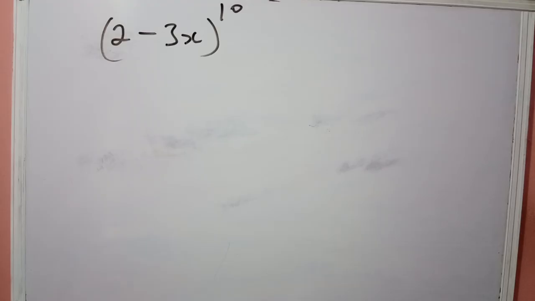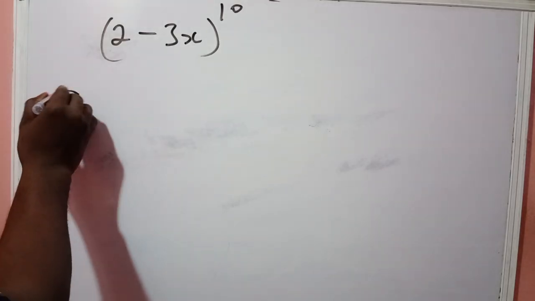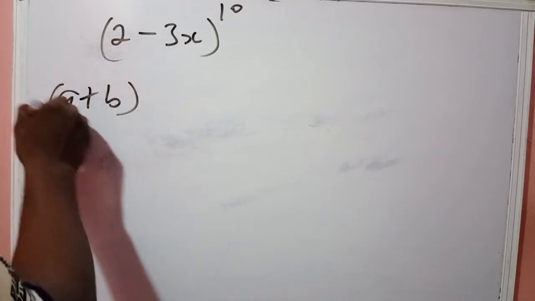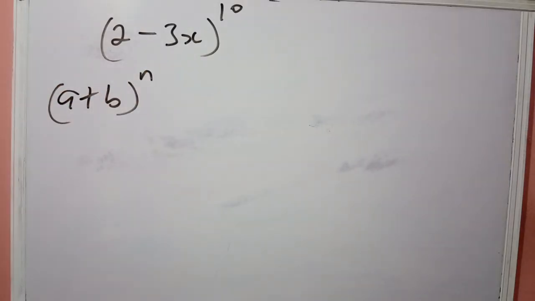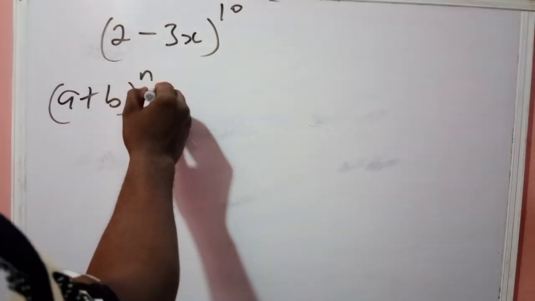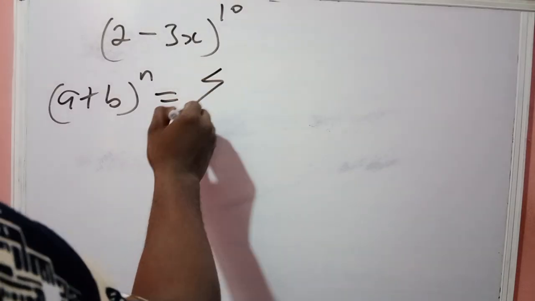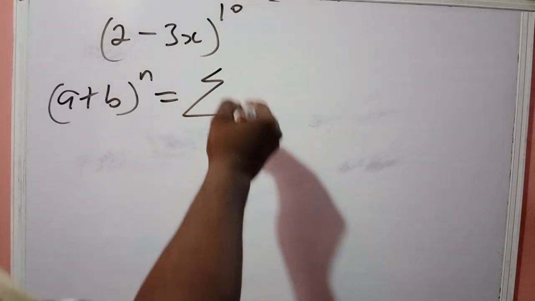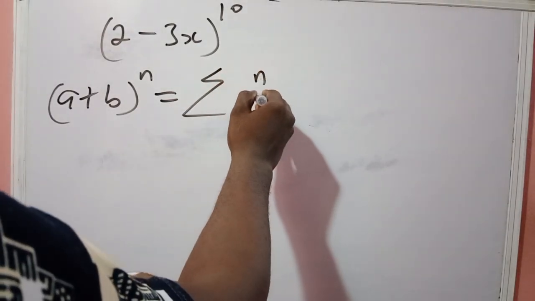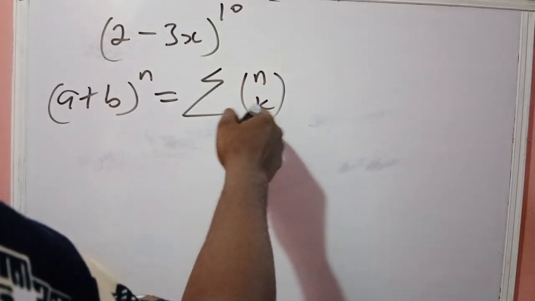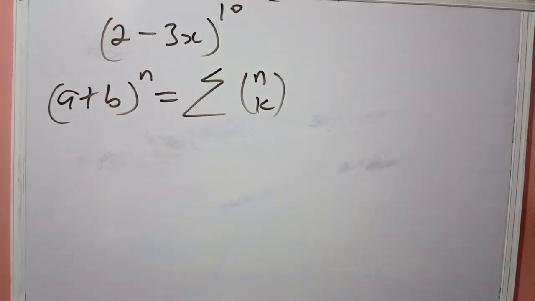So let's say, for instance, you have a plus b raised to power n. So what is the concept of binomial expansion when you have a situation like this? Binomial expansion is given as the summation of n combination k. I'll be explaining all these terminologies very soon.